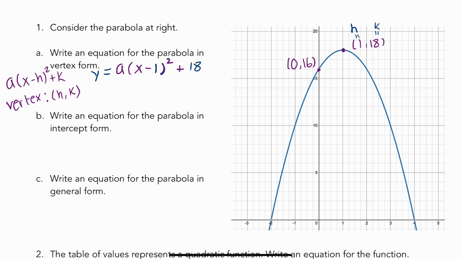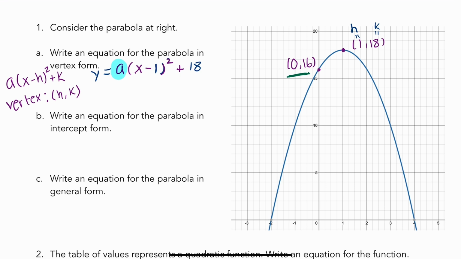This is the part that really got a few of you guys. We've got to figure out what our a is. In order to do that, we need to plug in a point from our parabola. The point that I'm going to use is (0, 16), but you can use any point and you should still get the correct value of a.